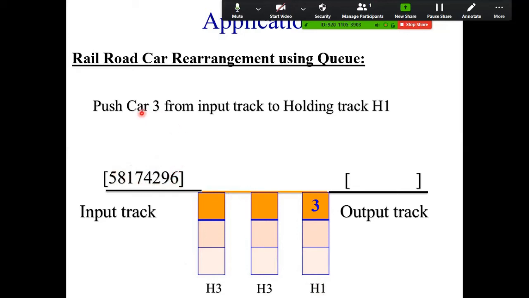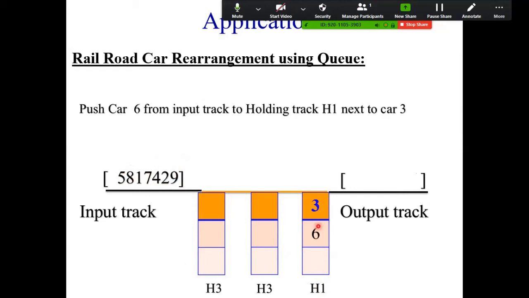Next car to be taken from the input track is car number 6. I push car number 6 into holding track H1 next to car number 3. Next, I take car number 9 into holding track H1. I do the push operation.